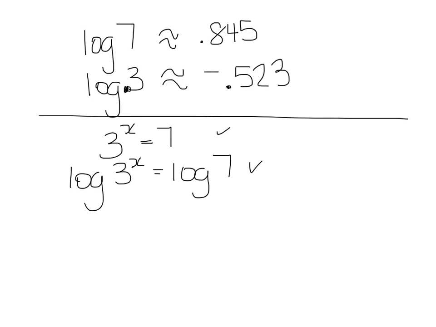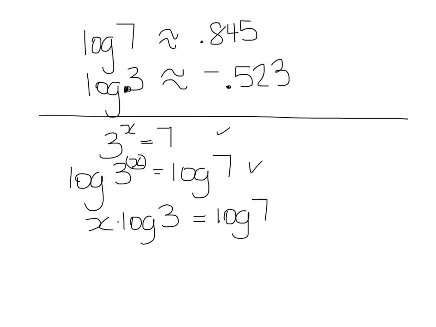And now that I have it written as a logarithm, I can use that real powerful, remember I liked so much, the power rule that allowed me to get rid of exponents by bringing them in the front and down low. So this little exponent right here comes down in the front, multiplies times log of 3, and I still have this log of 7. And now remember I'm trying to solve for x.